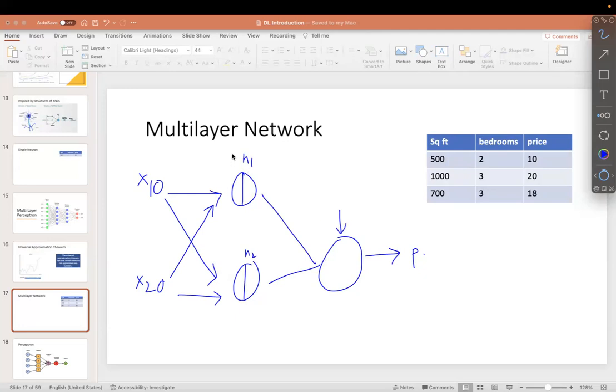This is W11, W12, W21, and W22. Then B1, B2, W31, W32, and B3.